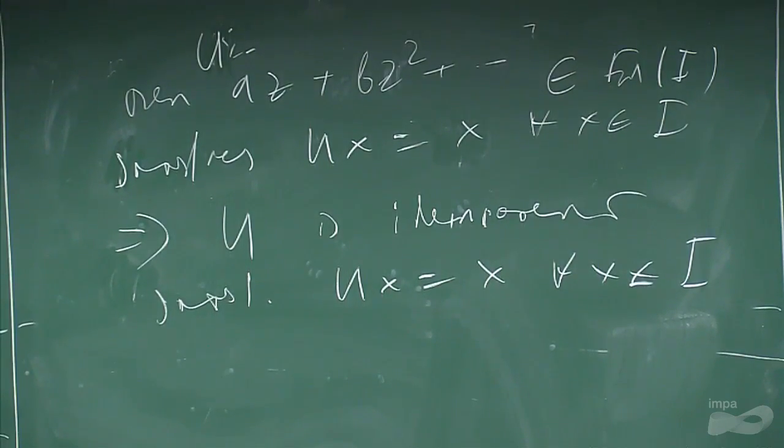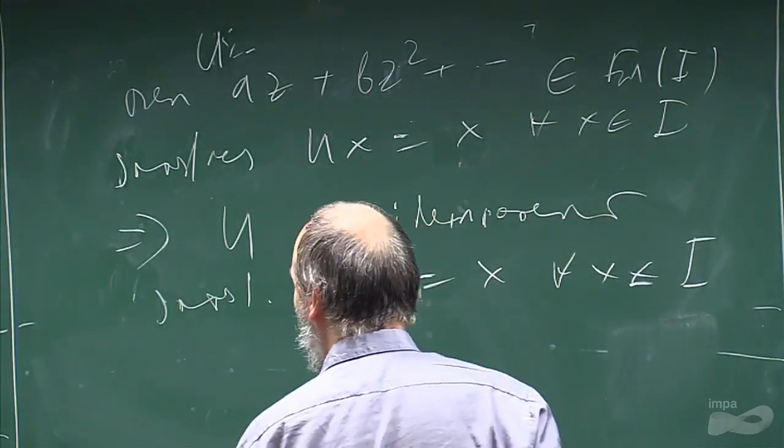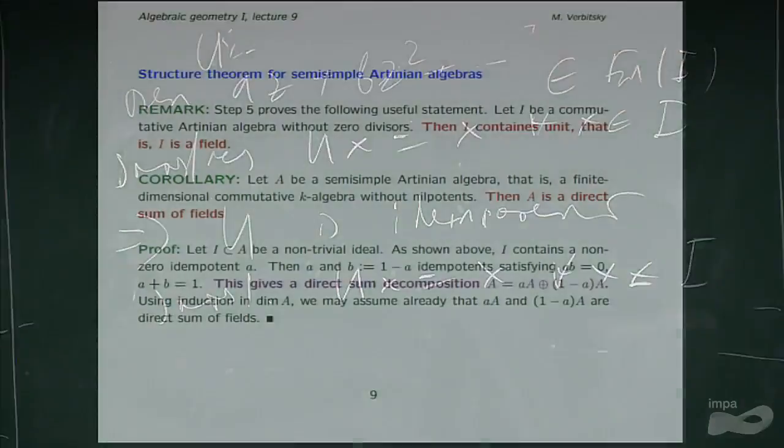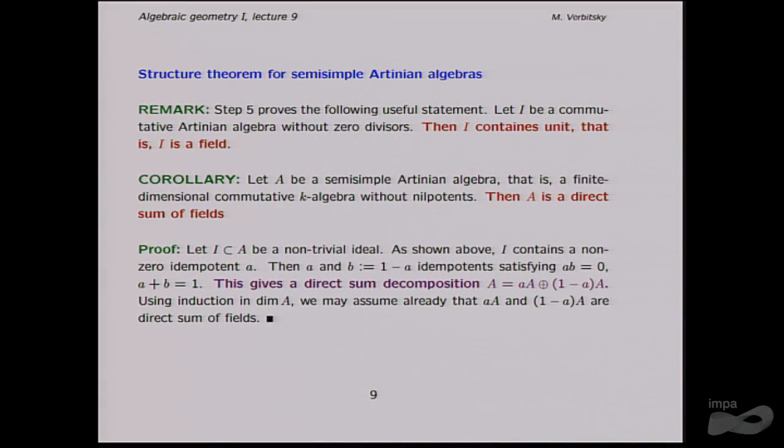So this step 4 corresponds to step 5 here. So we proved that if it has no zero divisors, it contains a unit. Because if it has no zero divisors, we can just apply this argument to A, which is its own I, because every element is invertible.